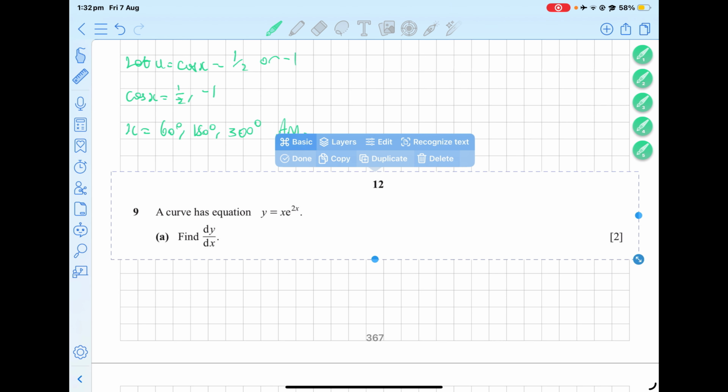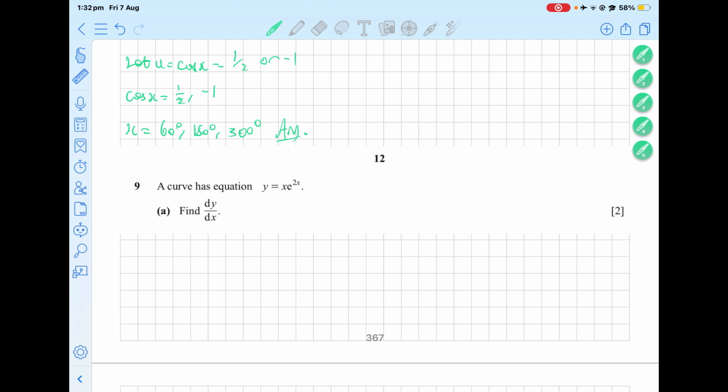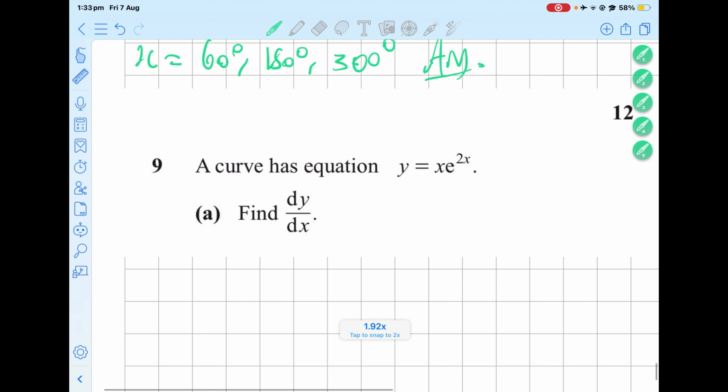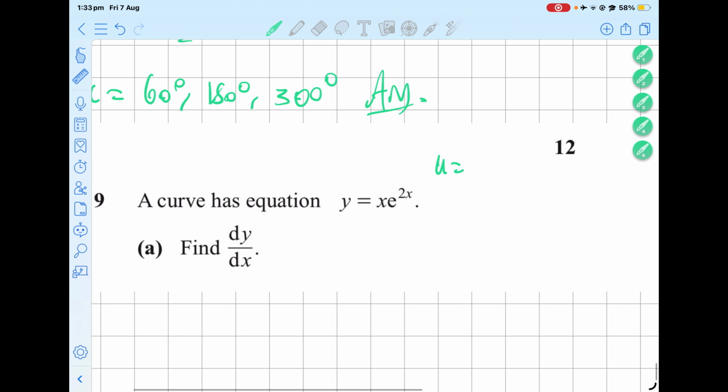That's so absurd. Okay, so dy by dx, first you have u equals x, v equals e to the 2x, v prime equals 2 e to the 2x.